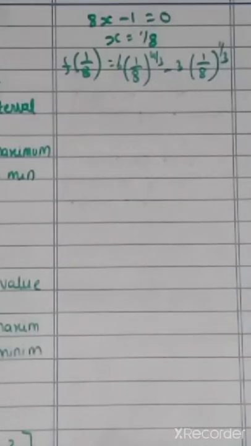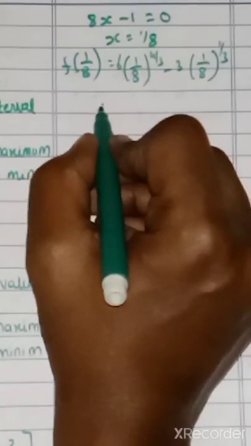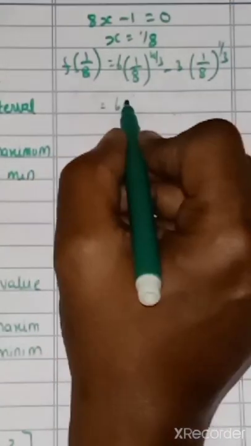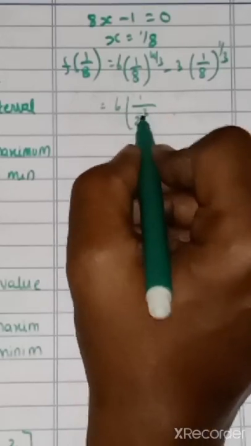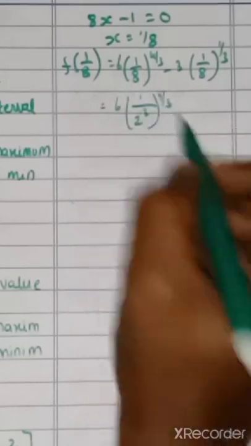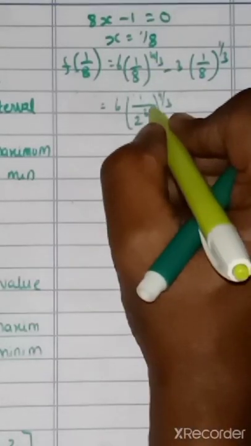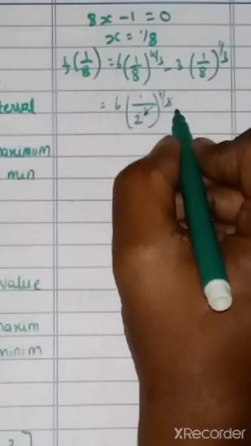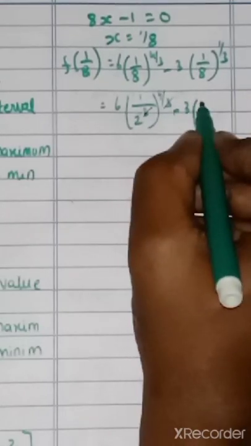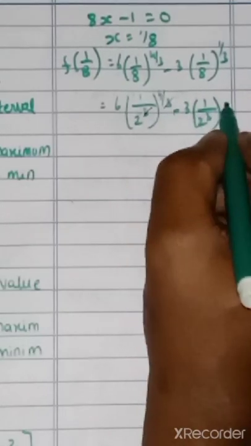Is that okay? Now this 6 and this one, how can we write it? We can write 1 by 8 as 1 by 2 power 3, whole power 4 by 3, so that we can cancel this 3 and 3. And similarly for minus 3, we can write this 1 by 8 as 1 by 2 power 3 whole power 1 by 3.